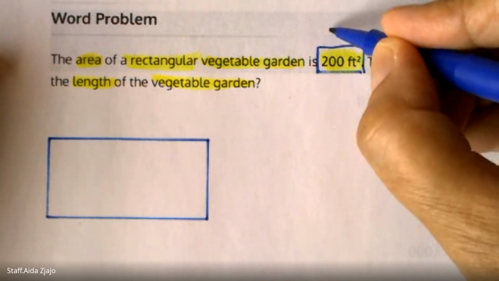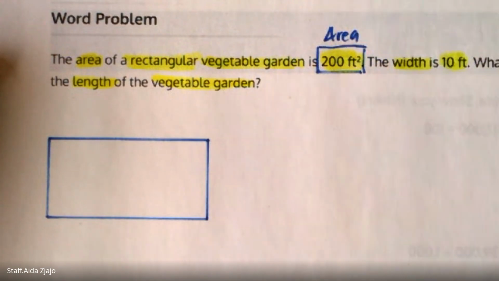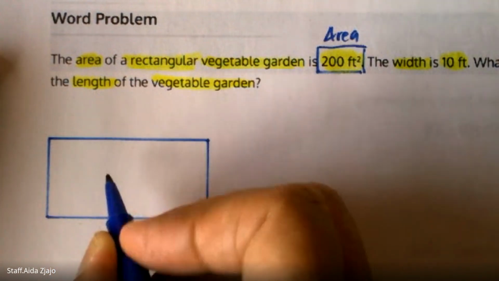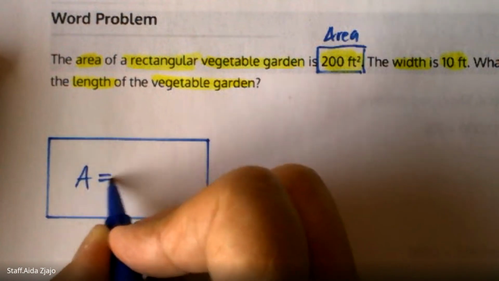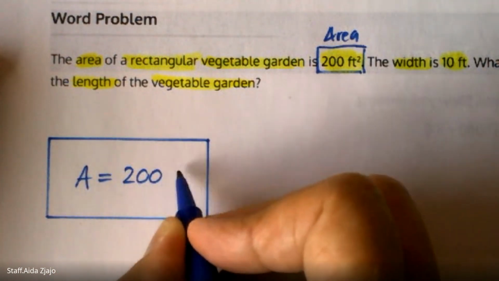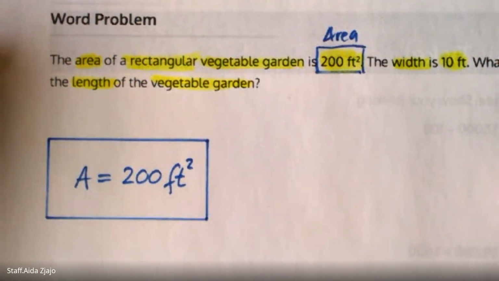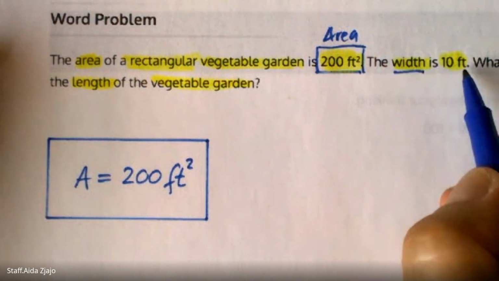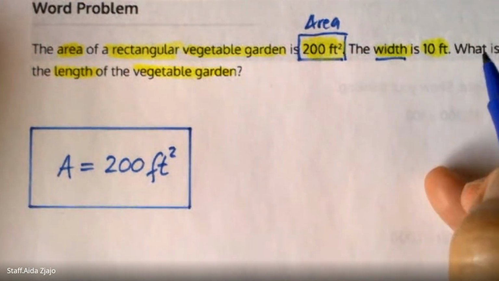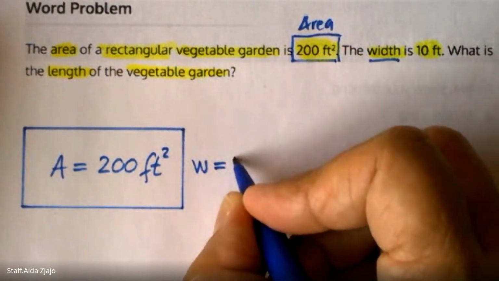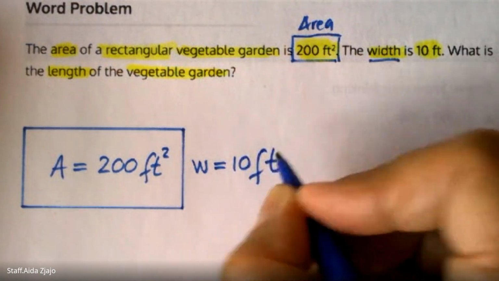So this is the area, and that means all of this has 200 square feet. So area equals 200 square feet. They also said that the width is 10 feet. So the shorter side, the width, equals 10 feet.